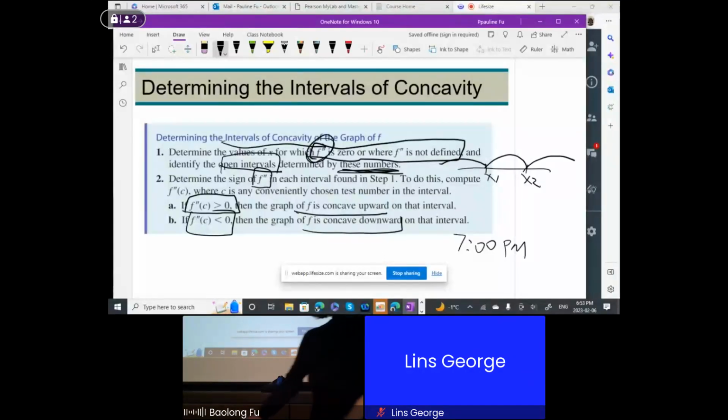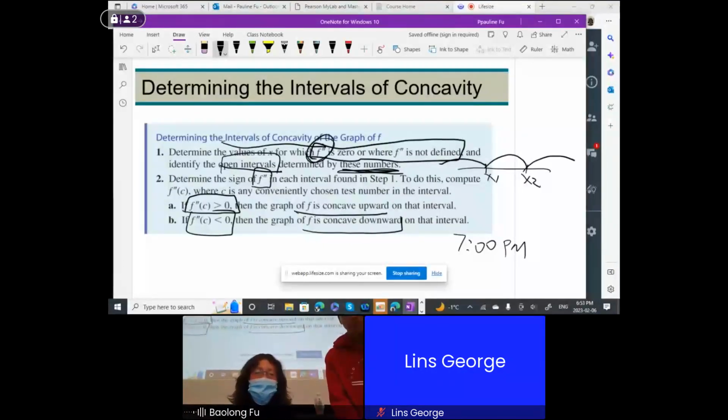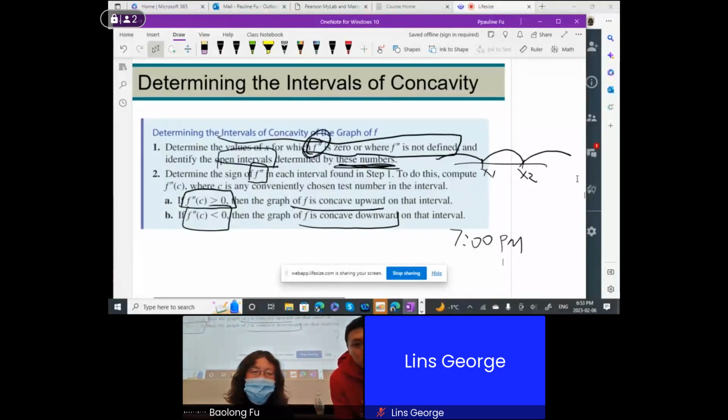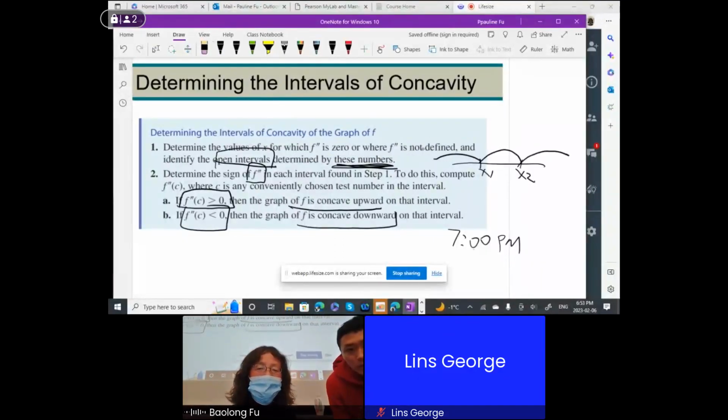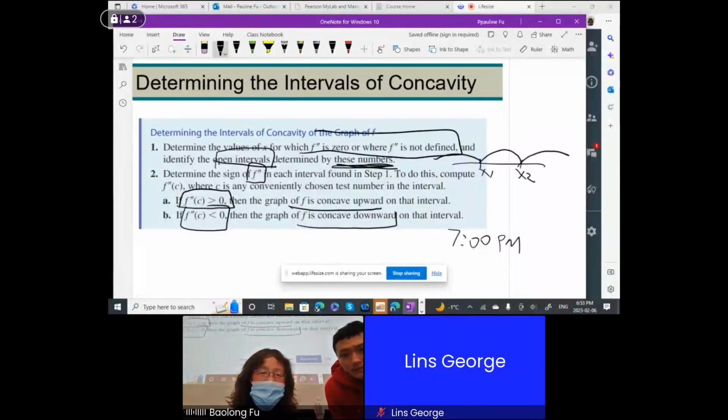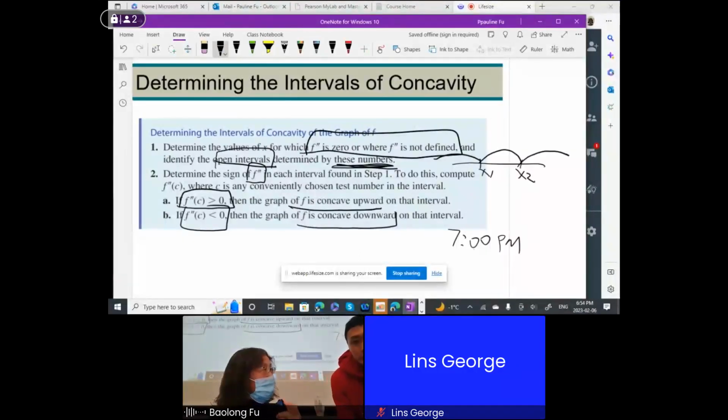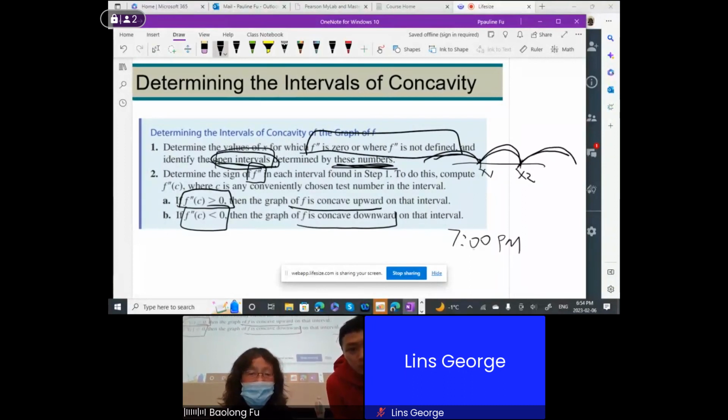You can come over here. Very good question. Your question is, why do we need to find where the second derivative is 0 or does not exist? The purpose is we want the open intervals like this: interval here, interval here, interval here, and then the point C. Maybe C is here, maybe C is here, maybe C is here.